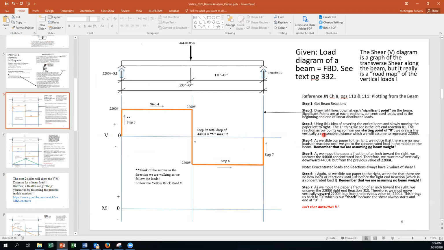Yes. Okay. Now, what JN always said is that if you're plotting the shear diagram from the beam, cover up the whole beam. Okay, cover up the whole beam. So let me try something here.